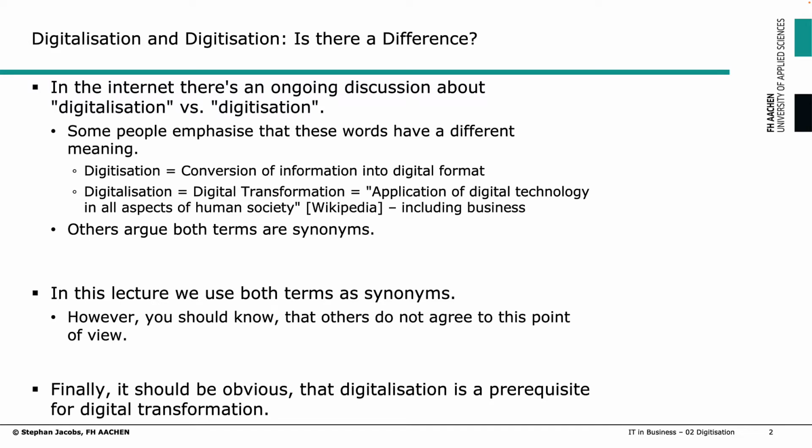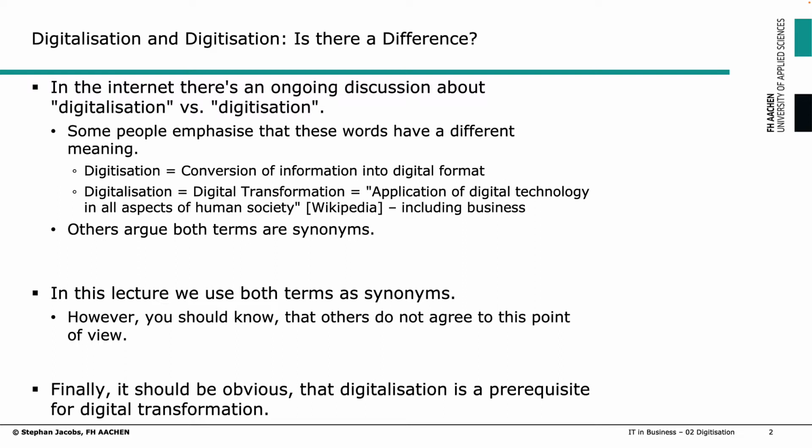Some people really distinguish between digitalization and digitization, and digitization then has the former meaning: to transform analog data into digital data. Some others do not differentiate. And then you always have to ask what digitalization actually stands for.